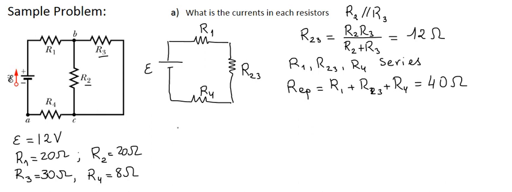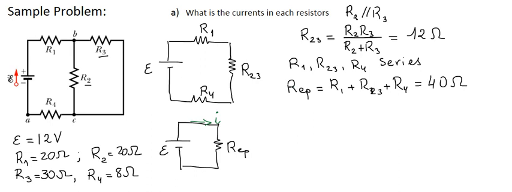So we will have our circuit, with a battery and the equivalent resistance. We have the equivalent resistor and the EMF, so we can calculate the current circulating in this circuit.